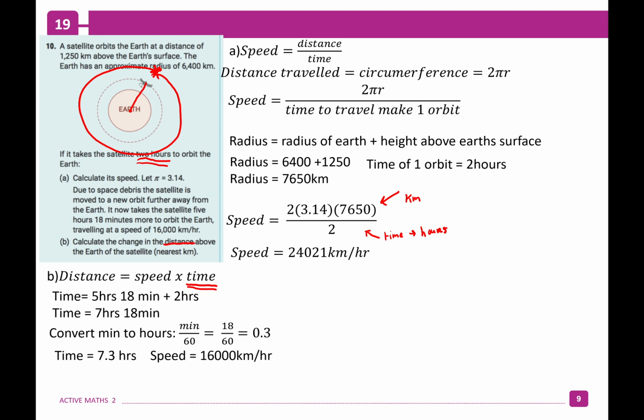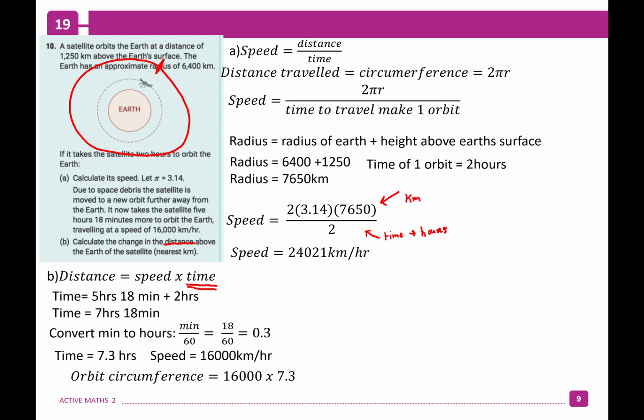And we know that the speed it's traveling at is now 16,000 kilometers per hour. We need to find the distance that it travels. Let's just draw that out again. So your satellite is here now. You want to find the distance that it travels, i.e. you're looking for the circumference of the circle.